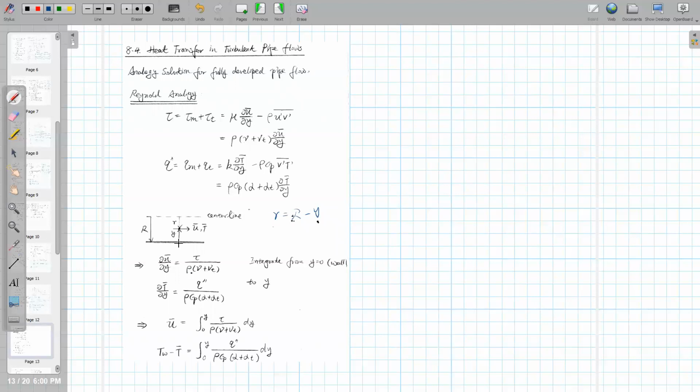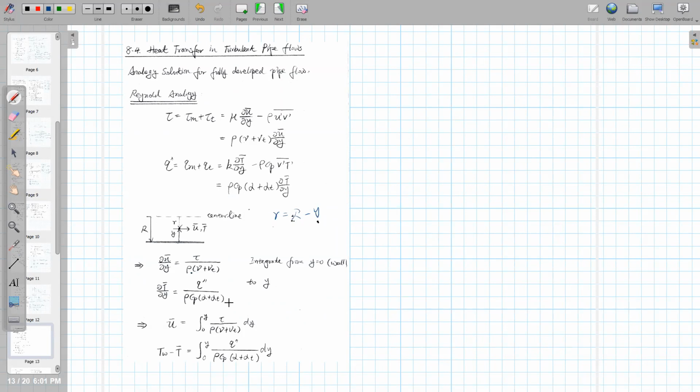So y is the distance starting from the wall, but r is the distance from the center line. You have this result here for tau and this result here for Q double prime. You regroup it again, so that only partial U partial y and partial T partial y are left on the left-hand side.